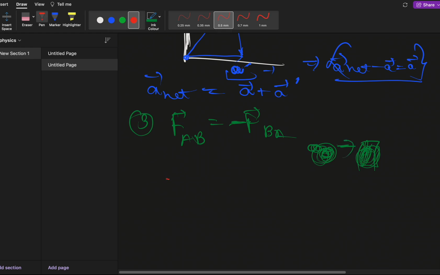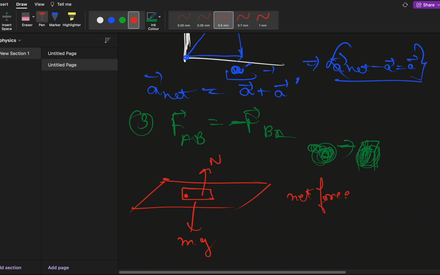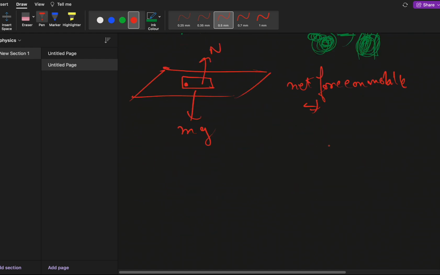Let me give you a problem, and then I will tell the answer also. There is a mobile put on this box. The weight of the mobile is mg, and it is also experiencing force N. So what is the net force on the mobile? We can see easily that it is 0, because these are balancing.